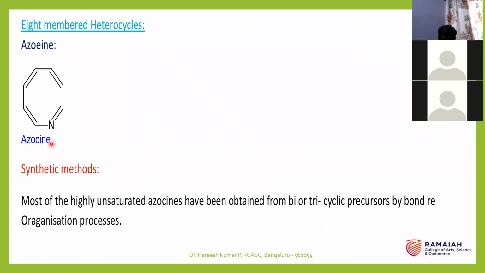So azocine is an example of an 8-membered heterocyclic compound. If we are looking into the preparation, most of them are highly unsaturated. You know that it is an 8-electron system. An 8-electron system means it's not an aromatic one. It is non-aromatic.